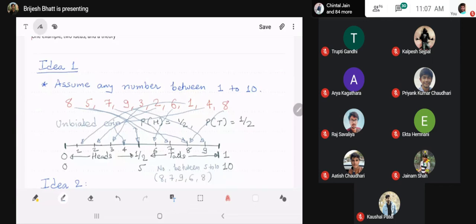Right? And how many numbers fall between 0 to 5? Let's include 5 also. But that is our choice whether we want to include 5 in this class or the other class, because it is a boundary point. But anyway, so 5, 3, 2, 1, and 4.